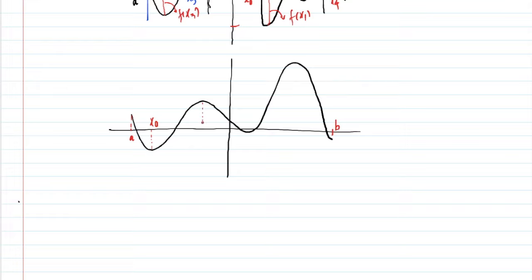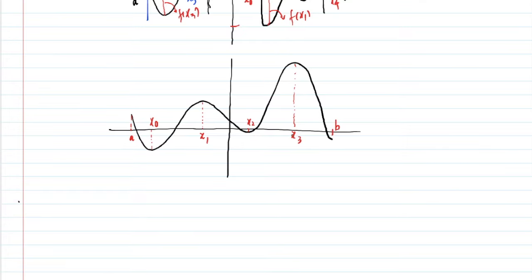It may be this point, let's call it x1, and similarly maybe this point, x2, and this point, let's call it x3. Now these are the only 4 points where a function can assume a maximum or a minimum value.